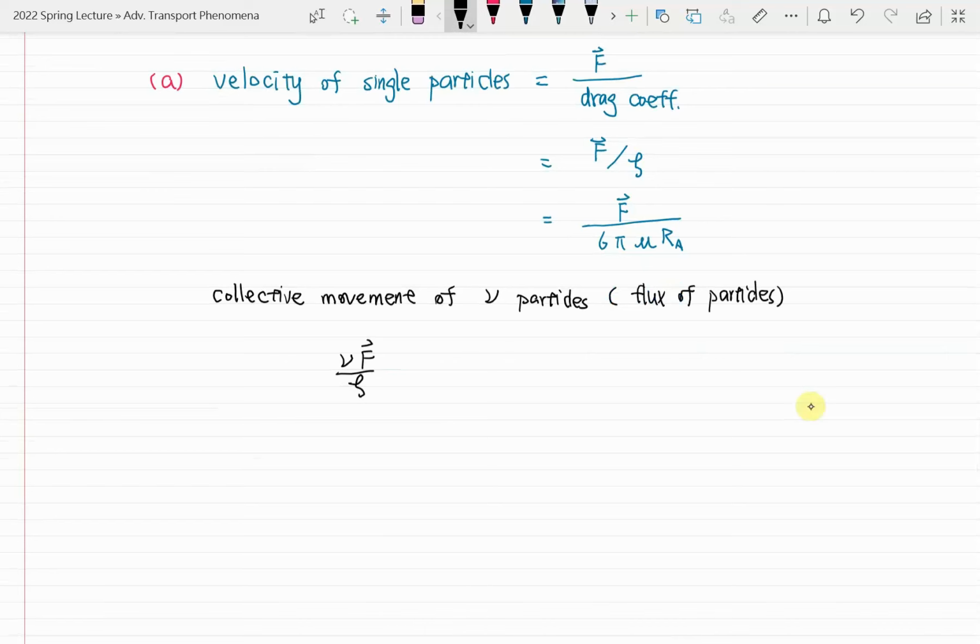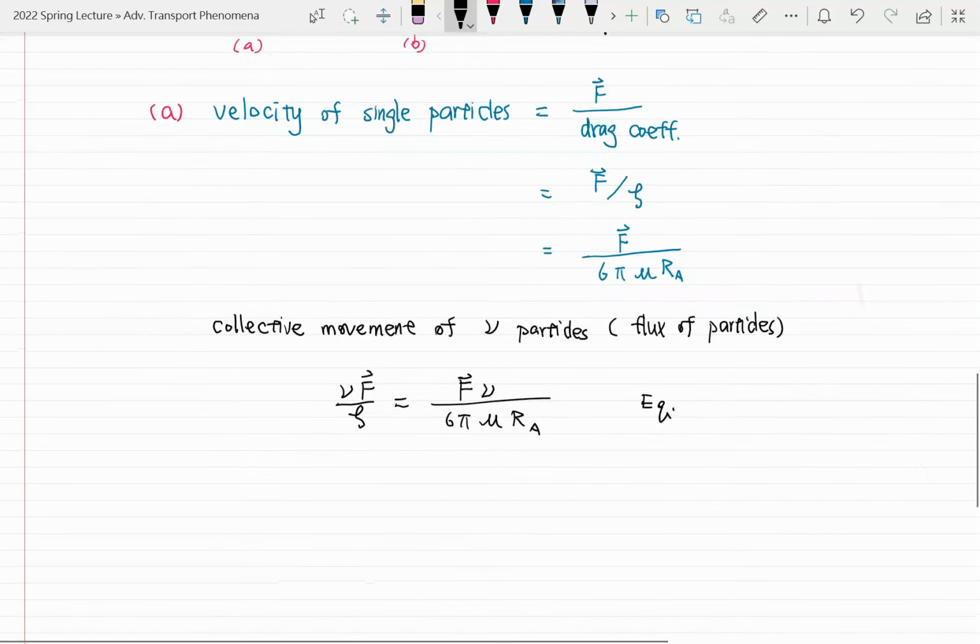The drag coefficient equals 6 pi mu Ra, so the flux equals F times nu over 6 pi mu Ra. So let's call this equation 5.